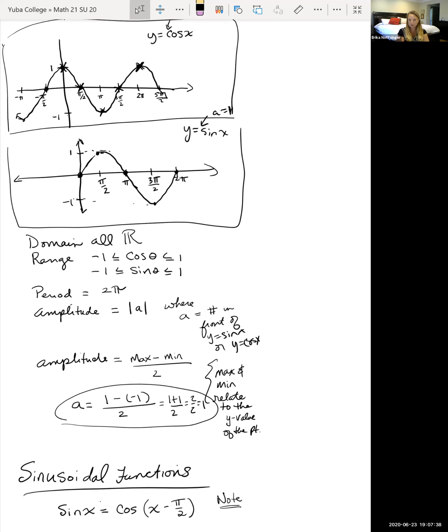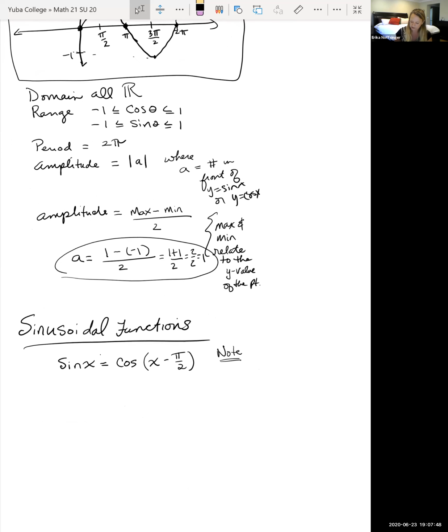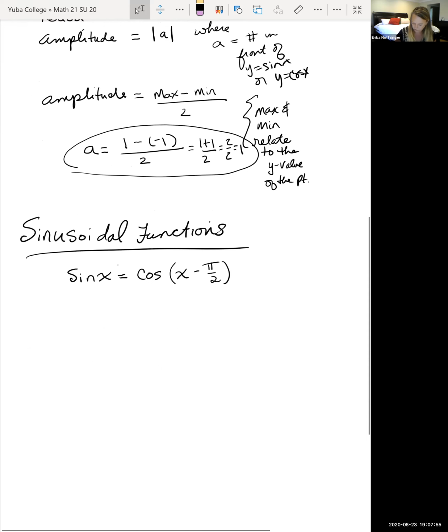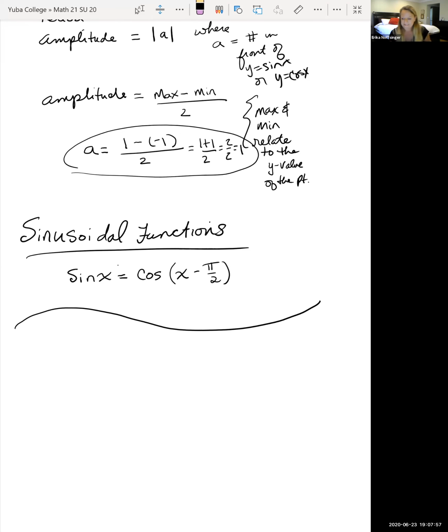So you're going to have two separate equations depending on whether you chose to use cosine or sine. We're going to use shifting to help us graph this.